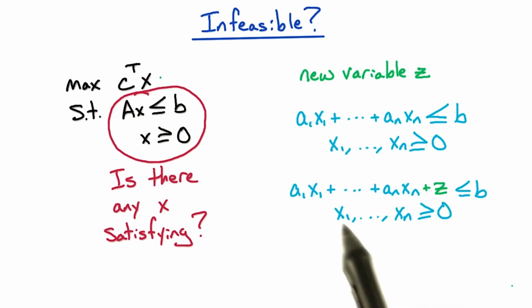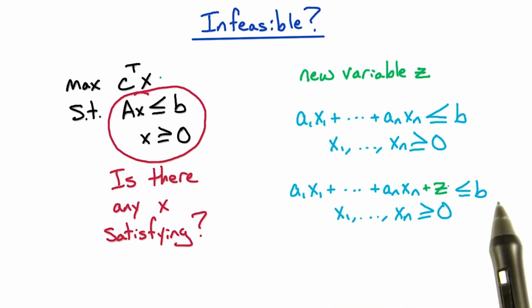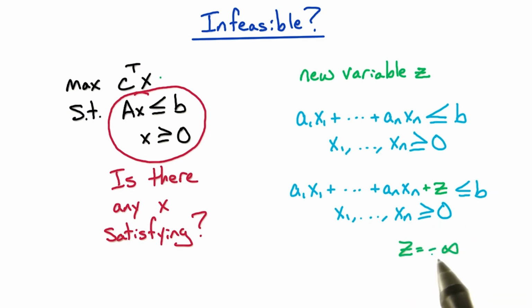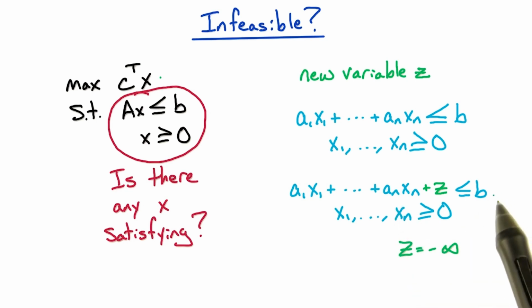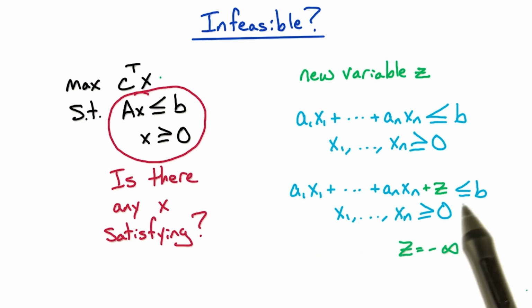In this case, there is always a solution to this new equation. Why? Simply set z small enough, and then this is trivially satisfied. So let's think of z as negative infinity, though in fact it's a finite number. It suffices to take a small enough number relative to the numbers a1 through an and little b. So this constraint is trivially satisfied for a small enough z.